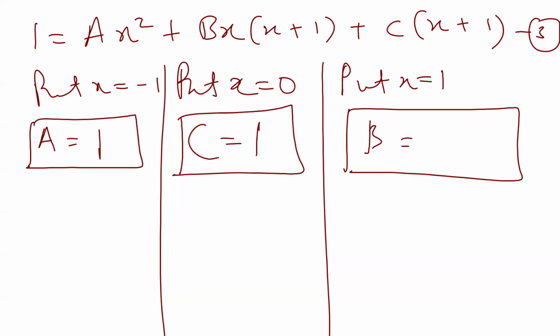X is equal to 1, take a simple, non-negative value. Tell me the value of B. I'm waiting for some more answers.